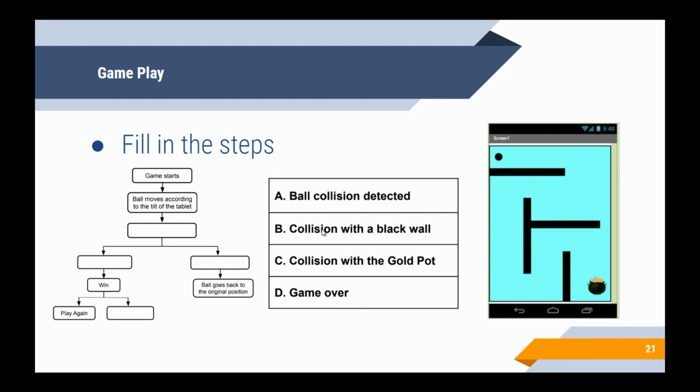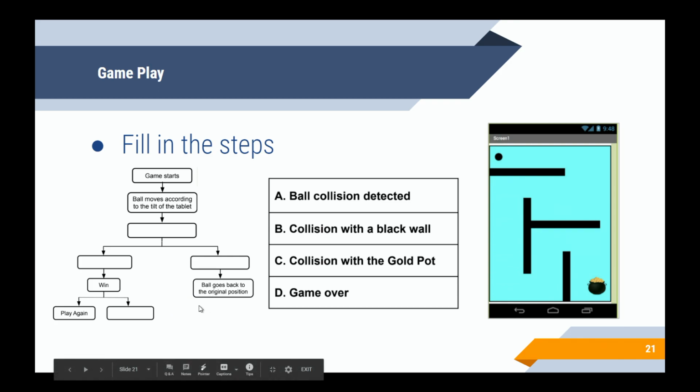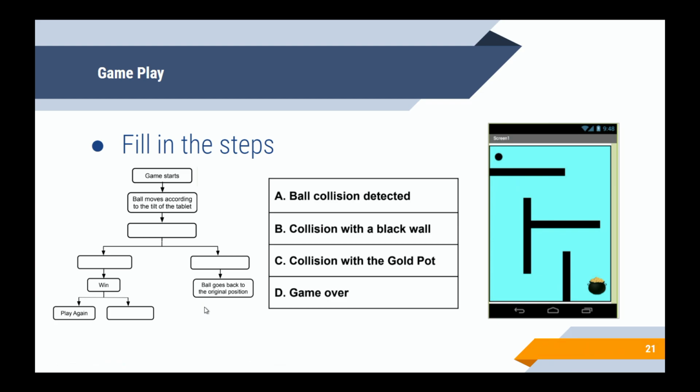Now, think about the steps you need to complete this app. First off, you're going to start the game, and then the ball's going to move according to the tilt of the tablet, and then think about how you're going to win and what would happen where you would have to return the ball to the original position.